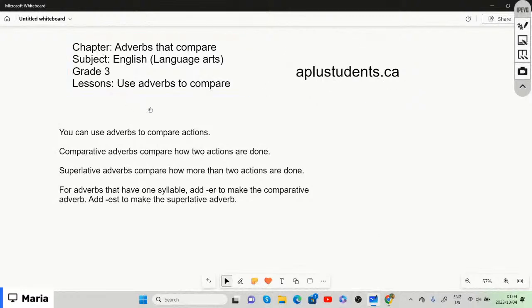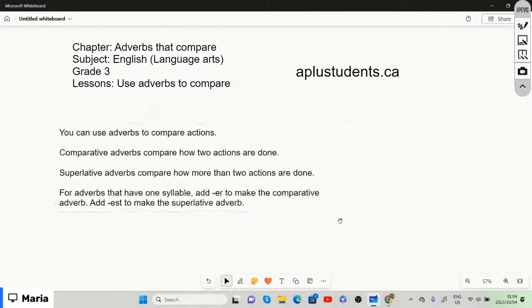All right, so now we're going to start with our lesson. We need to use adverbs to compare, so it's like you're comparing two or more things. You can use adverbs to compare actions.